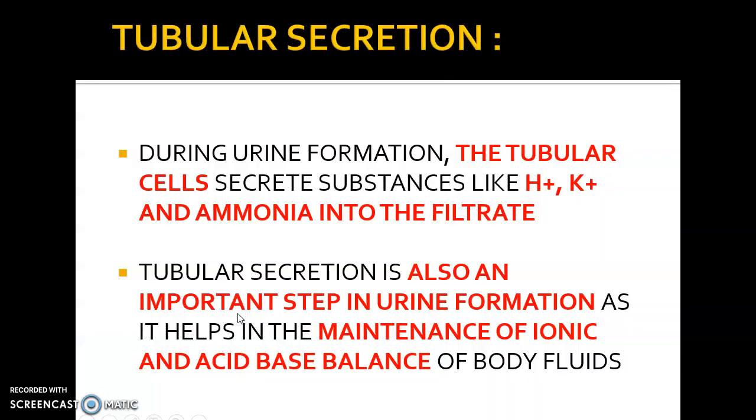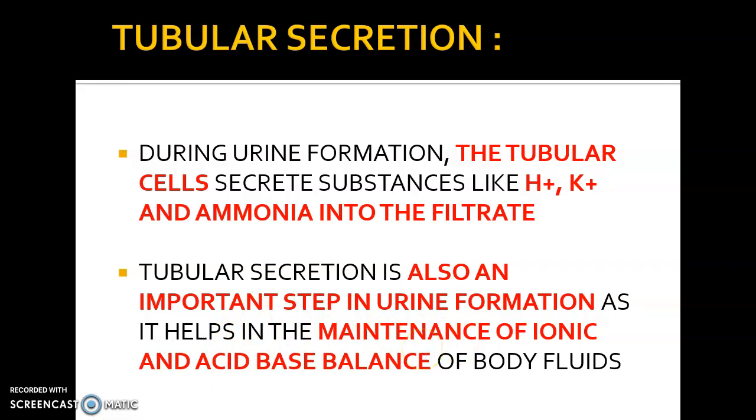Now that brings us to the last step of urine formation, and that is tubular secretion. During urine formation, the tubular cells secrete substances like hydrogen, potassium, and ammonia into the filtrate. Tubular secretion is also an important step in urine formation, as it helps in the maintenance of ionic and acid base balance of body fluids.